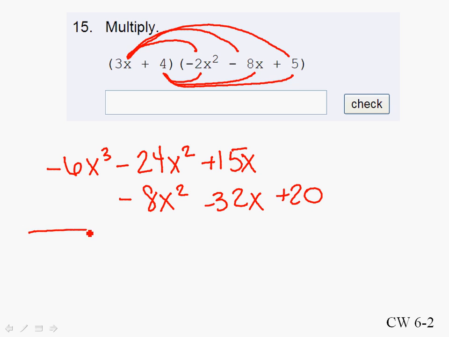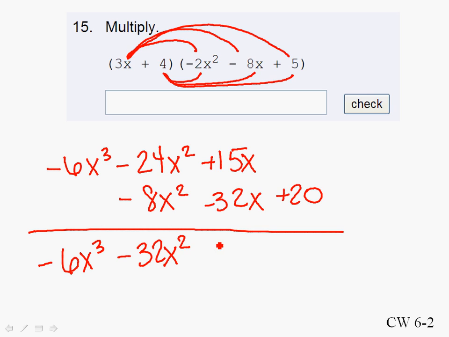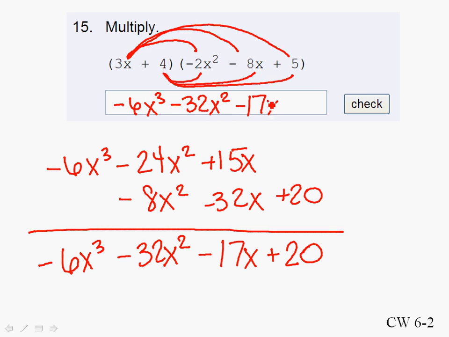When I add all these together, I get negative 6x cubed, minus 32x squared, minus 17x plus 20. So my final answer is negative 6x cubed minus 32x squared minus 17x plus 20.